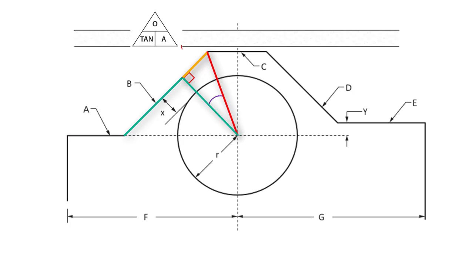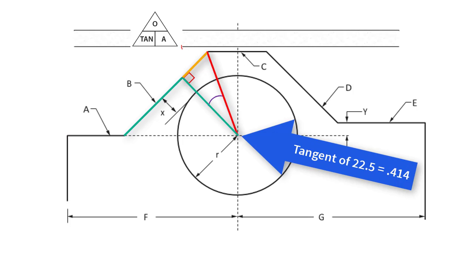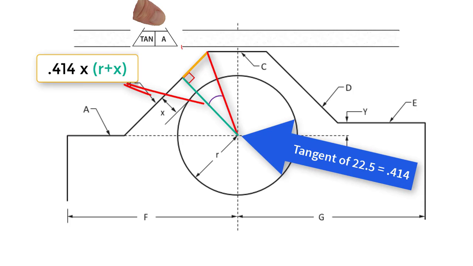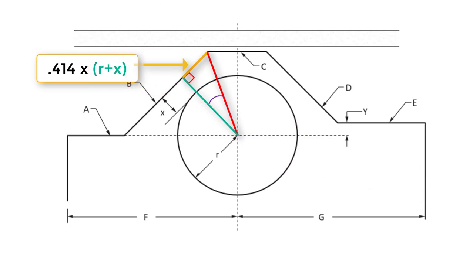Do you remember the tangent of 22.5? Yes, it's 0.414. So, to solve for this side opposite, we multiply 0.414 times this adjacent side, and we get this short dimension here.